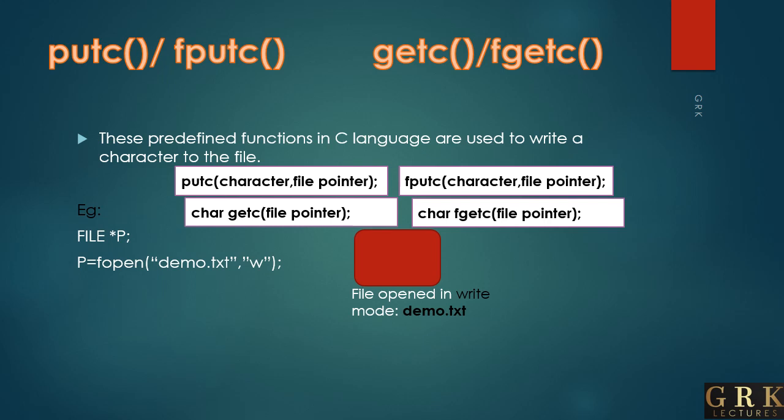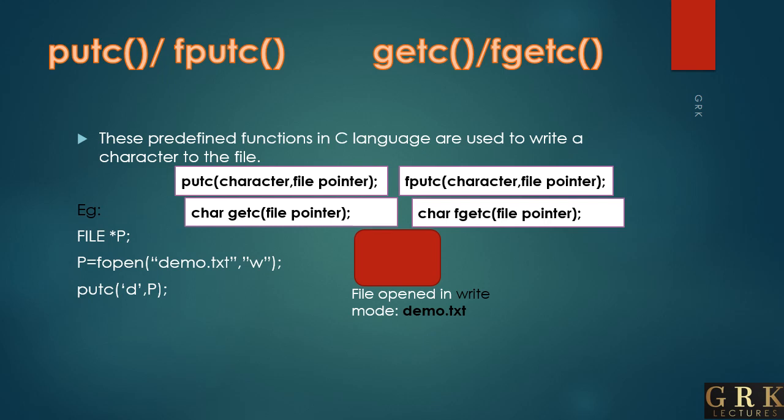Just assume that the red color box is a file that is open, and initially there will be nothing. After opening that file in write mode, using the putc function I am trying to write one character, that is d, into the file demo.txt.